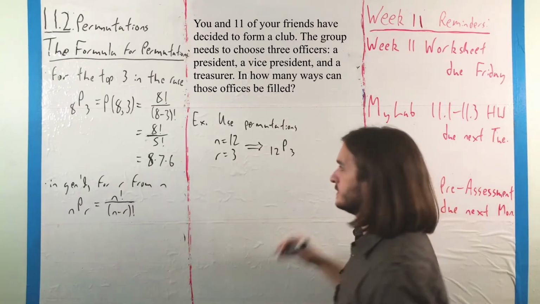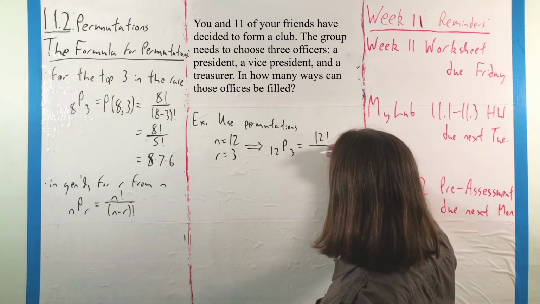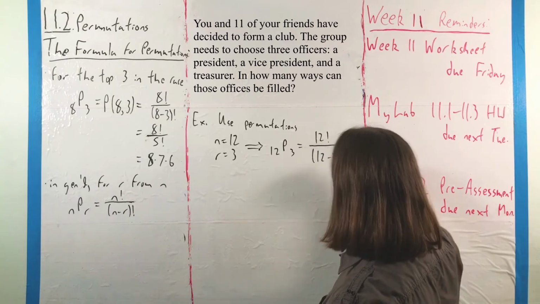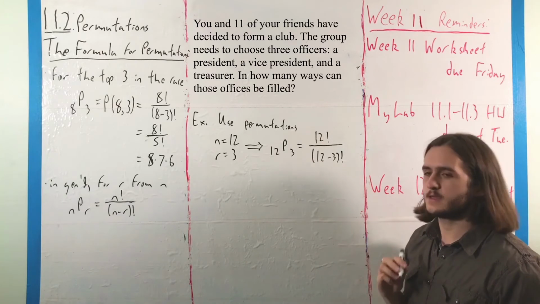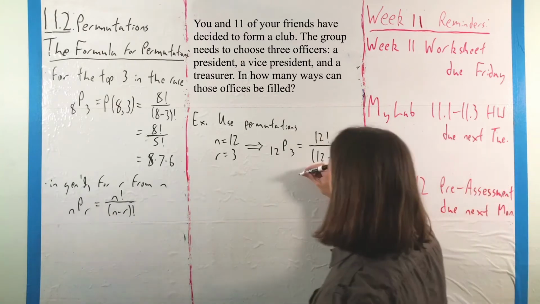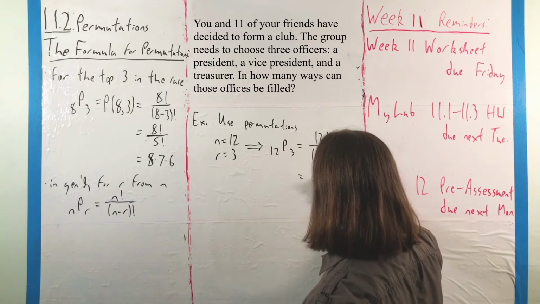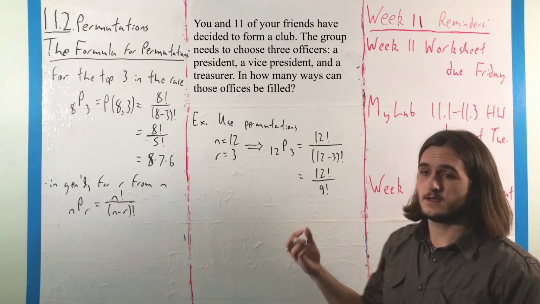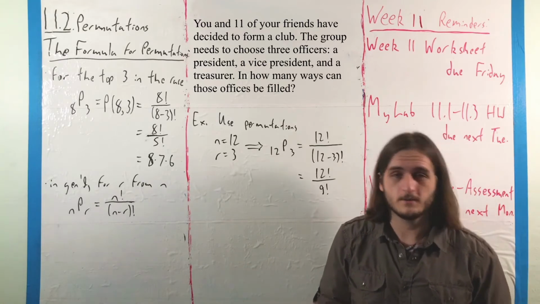So, in terms of that notation, we get something of the form 12 factorial divided by (12 minus 3) factorial. Where we can take that subtraction and get 12 factorial over 9 factorial, because we're selecting the 3 of them, and the other 9 don't really get much of an order within the club.